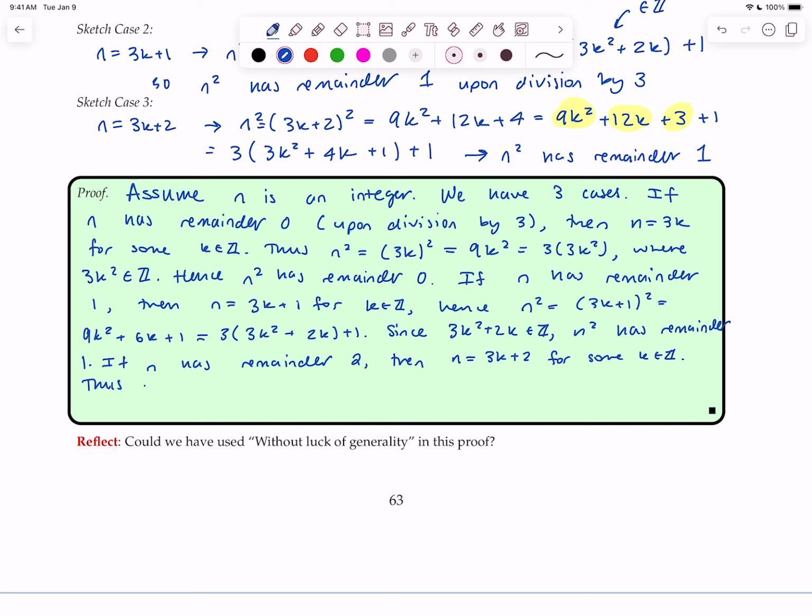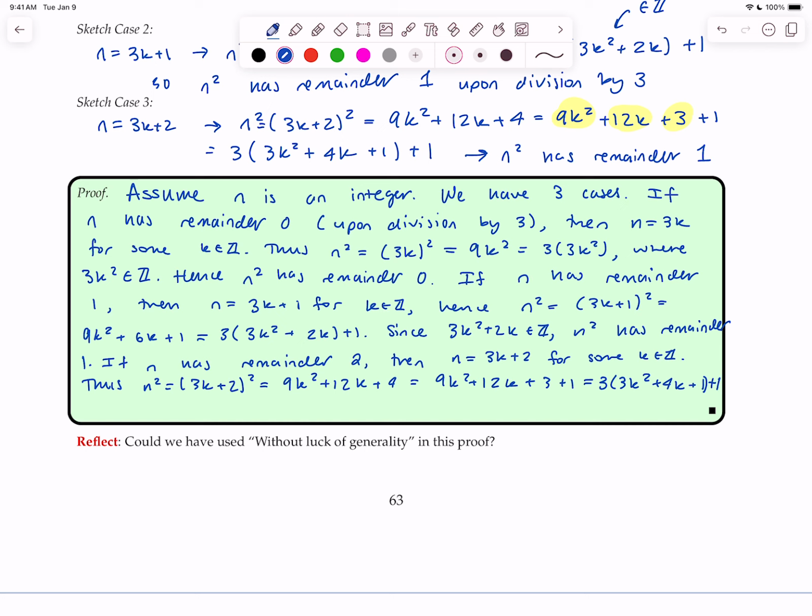Thus, n squared, substituting it in, we get 3k plus 2 squared, which when we did all our arithmetic, we got 12k plus 4. We wanted to split up that 4 to pull out that 3, so we get 9k squared plus 12k plus 3 plus 1. Pull out the 3, 3k squared plus 4k plus 1, and then plus 1 on the outside, a little hidden there.